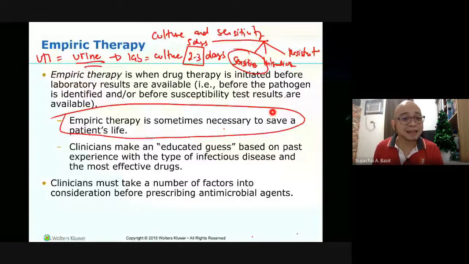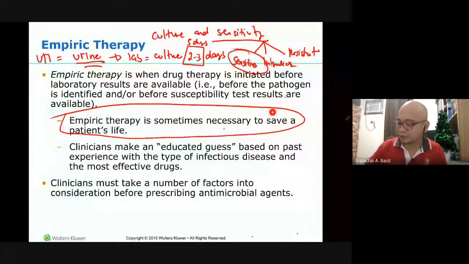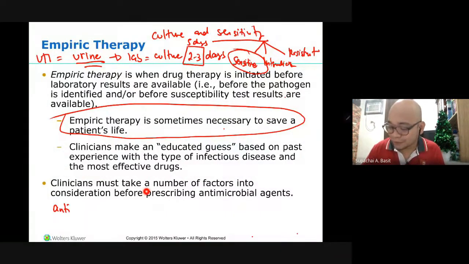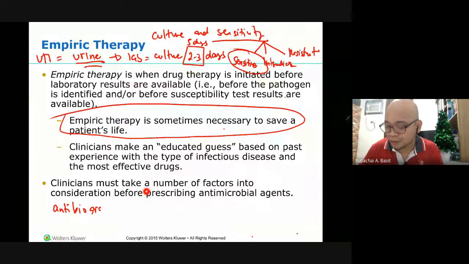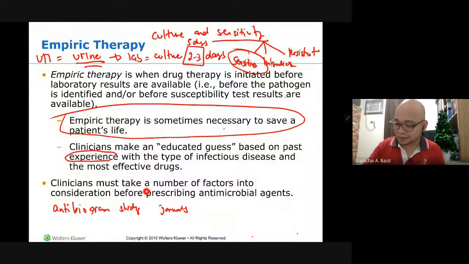Clinicians must take a number of factors into consideration before prescribing antimicrobial agents. So, for example, he could study the most recent antibiogram study of the hospital, or the physicians can read journals. But the most common weapon of the physician is experience.